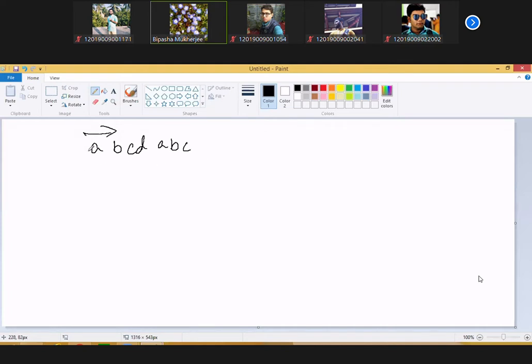If you can find a way that some prefix is matching with some suffix, then you may say that checking is done for that part, and you need not do it again.